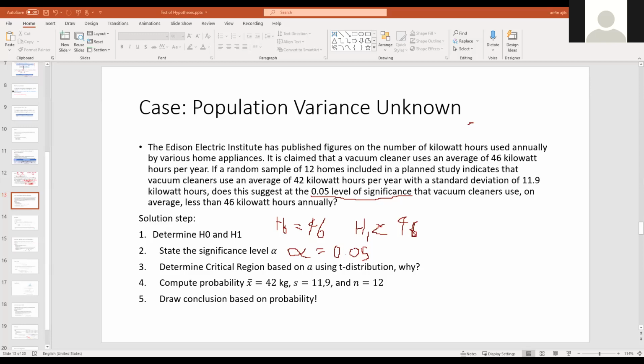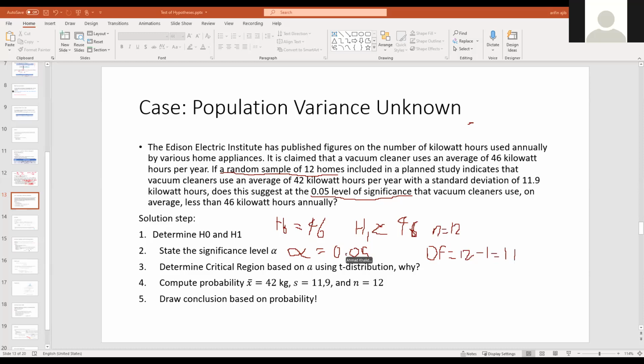Okay, so the level of significance is 0.05. You can get the degrees of freedom by n minus 1. The random sample n is 12, so you do 12 minus 1, which is 11.